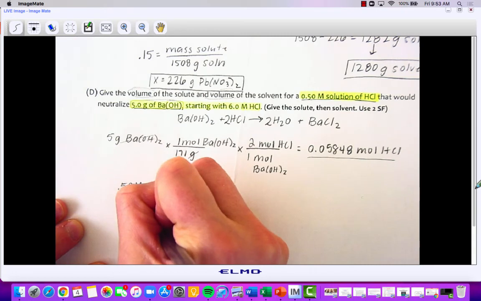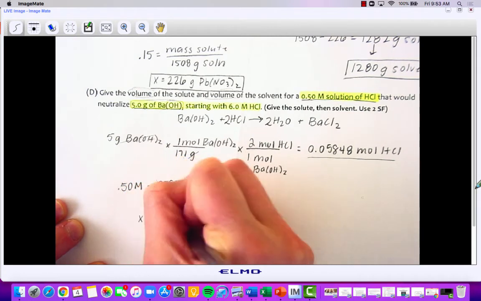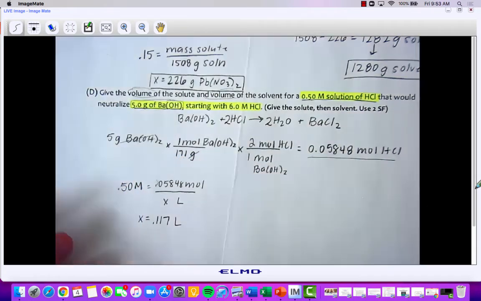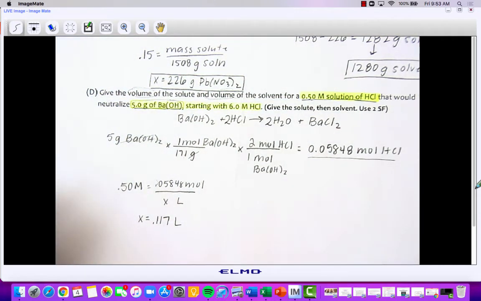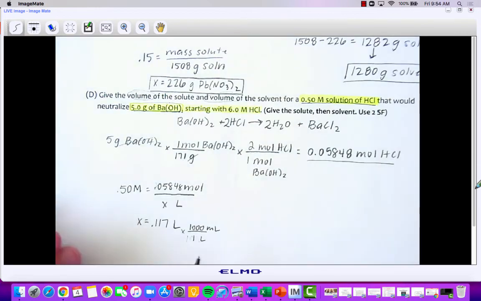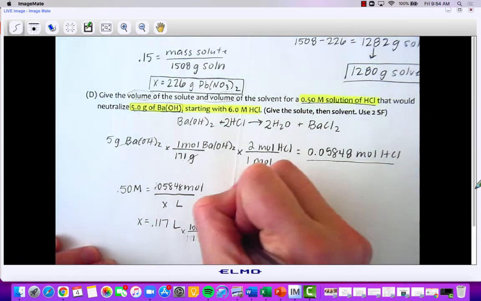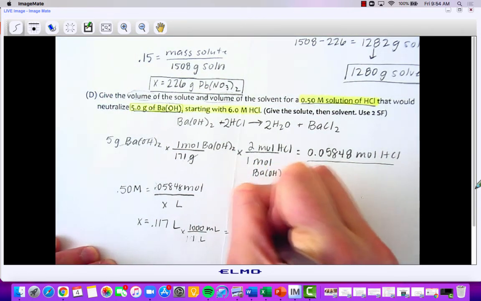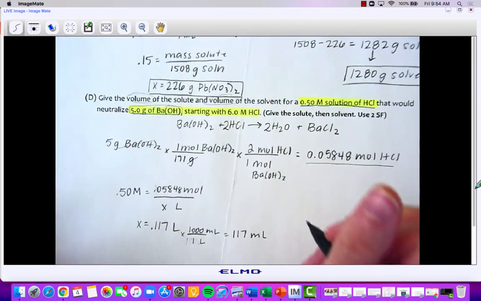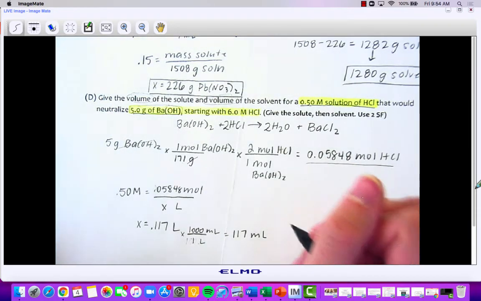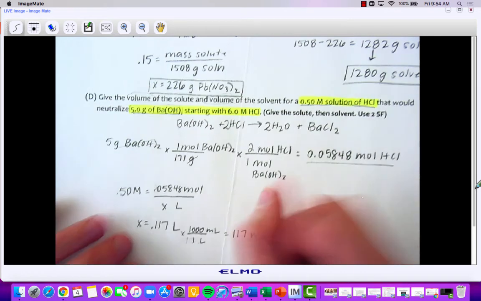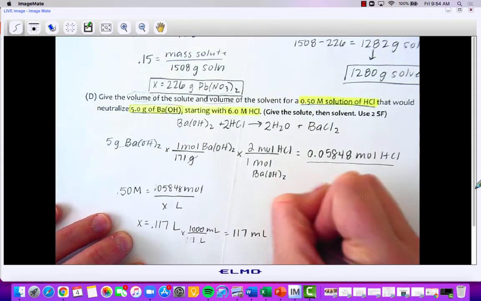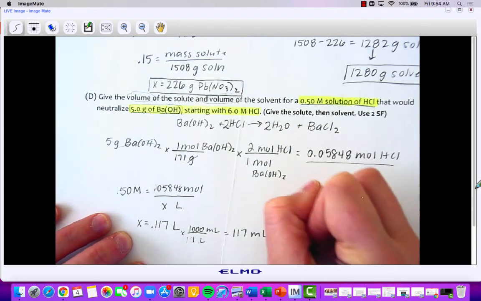So X is 0.117 liters. But if you look at the units on mastering, it wants milliliters. So 1 liter is 1,000 milliliters. So that is 117 milliliters. Now, it also wants 2 sig figs. So 2 sig figs would be 120 milliliters.